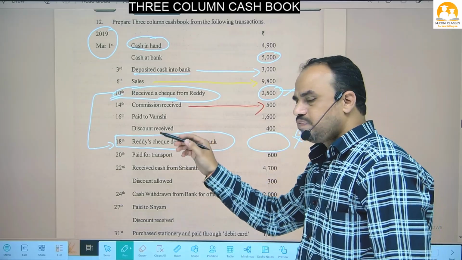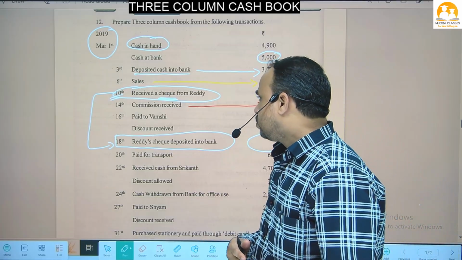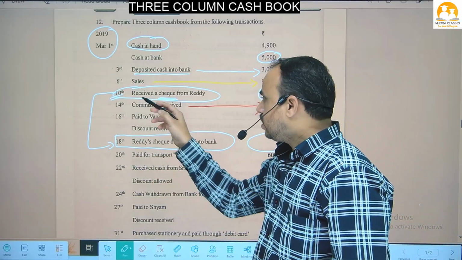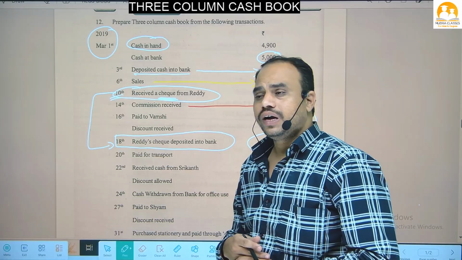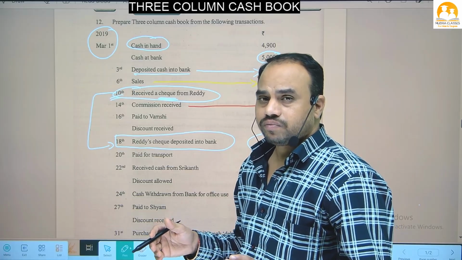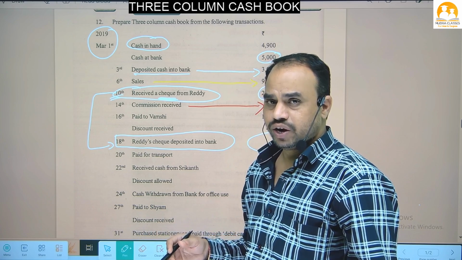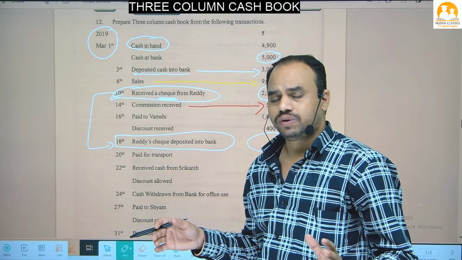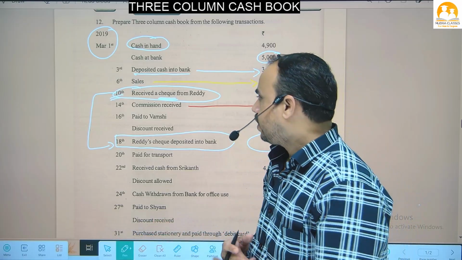Here we have to assume in one more way also. Previously, on 10th date when we received the check from Reddy, I told you, when we received a check from Reddy and did not deposit it on the same day, we have to assume that we received cash from Reddy, and we wrote the amount in the cash column like that only.